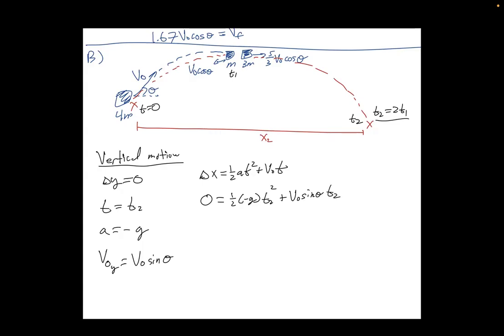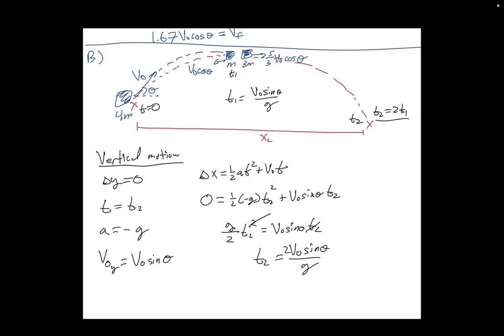We'll move this over and get g over 2 t2 squared equals v naught sine theta t2. Cancel out one of the t2s. And so the time it takes for the projectile to launch and then come all the way back to the ground is equal to 2v naught sine theta over g, which also tells us that t1 should be half that time, v naught sine theta over g.